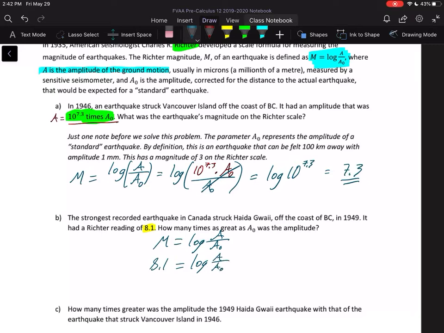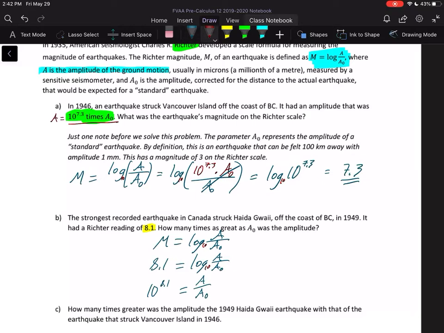I can change this into exponential form because there's no written base, so it's a base of 10. You have to see that: it's the common base everywhere here. So this becomes 10 to the 8.1 is equal to A over A0.